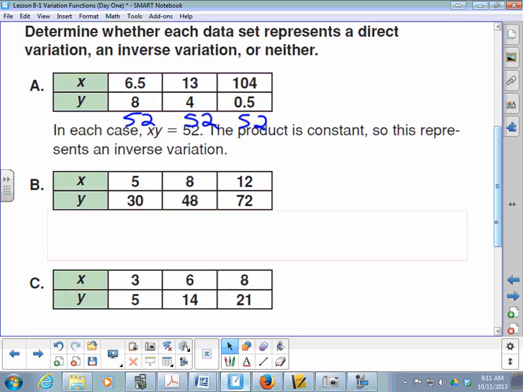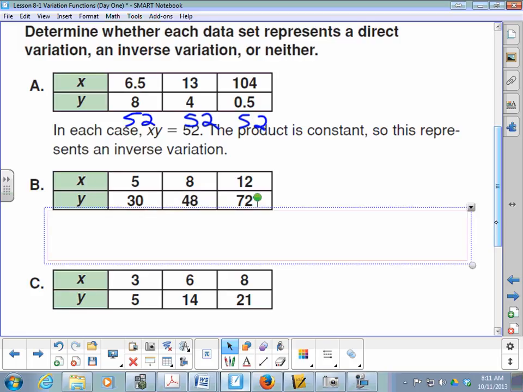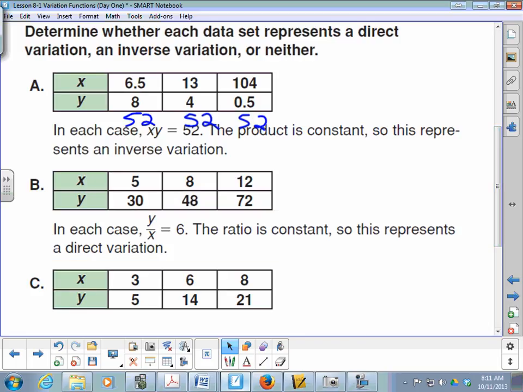All right, so x is getting bigger, y is getting bigger. So I'm thinking, okay, direct variation. So I'm going to divide them. 30 divided by 5, 48 divided by 8, 72 divided by 12. Are those the same? Okay, they all equal 6. So this is a direct variation relationship.